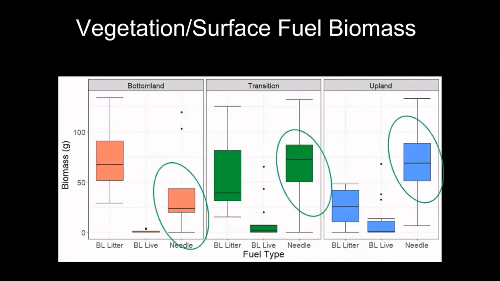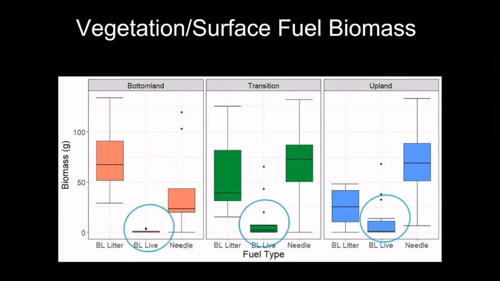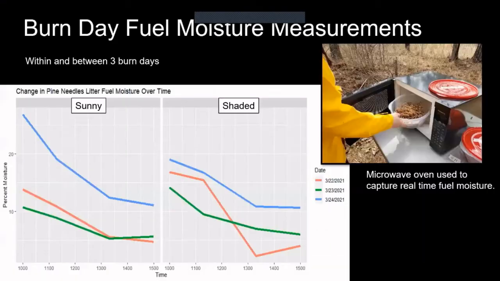And on the other hand, pine needles, there's more pine needle mass as you go up the hill. And then live stems, so remember, these are just in these small little sampling plots. So the live stems actually increase in mass as you go up the hill. So this is all captured very nicely with our sampling approach.